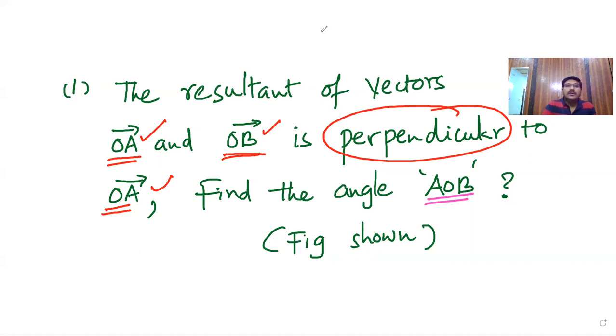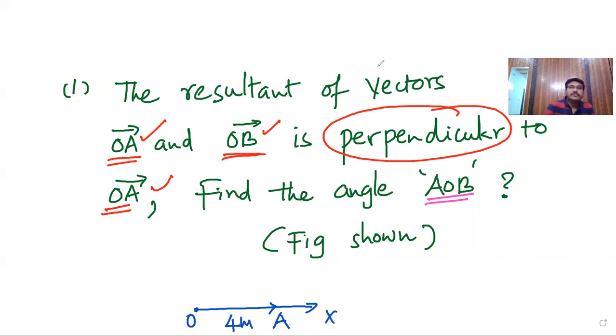Here I am indicating the figure. This is the x-axis. Towards the x-axis, vector OA, with this as the origin. OA is given as 4 meters.